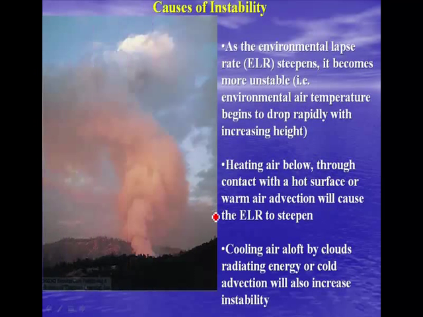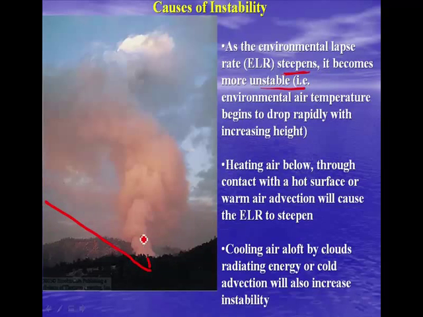In this particular case, as the environmental lapse rate steepens, in other words, as the temperature of the surrounding atmosphere begins to decrease more rapidly than the temperature of the air parcel, it becomes unstable. In other words, the temperature of the environment might decrease like this.